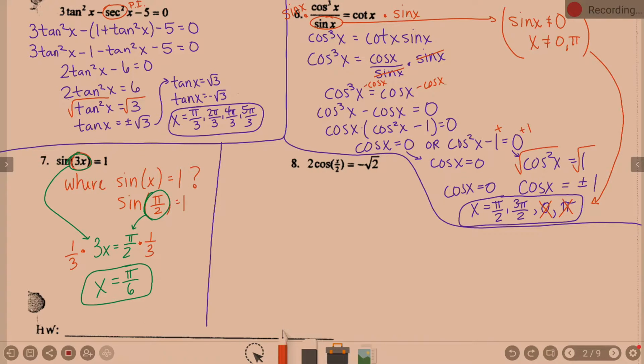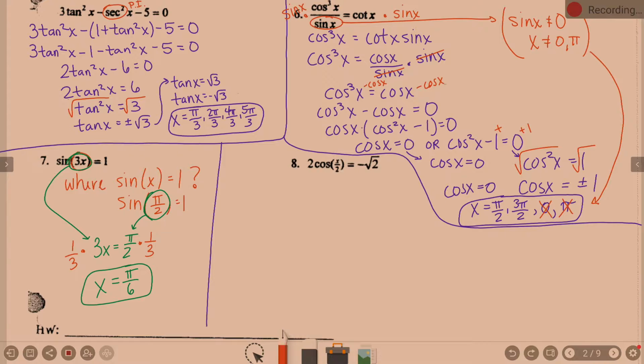Okay, one last example. 2 cosine of x over 2, that is x over 2, we have to have an x to solve this, right, equals negative square root of 2. What should be my first step here? We normally want to get our variable by itself.